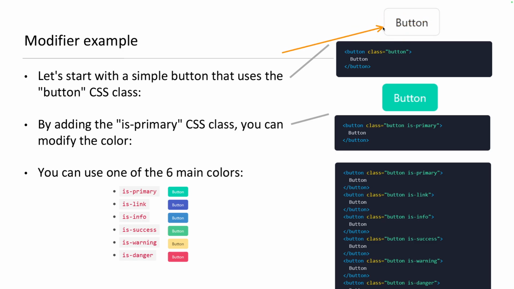It's just kind of white with black text. If we use the modifier of is-primary, Bulma's primary color is kind of turquoisey green. Let's just call it green for now, because I'll probably get it wrong. And you can see some modifiers down here: is-primary, is-link, is-info, is-success, is-warning, is-danger.